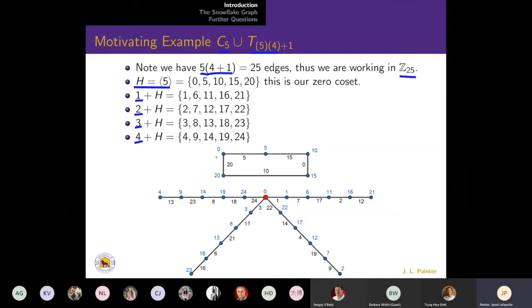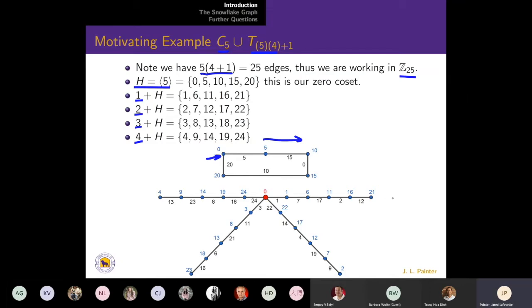And then we go down here and we start labeling the cycle first with elements from the 0 coset. So I label around in this fashion, starting with 0, 5, 10, 15, 20, and you can see that's going to give me unique edge labels back from the 0 coset. When I add elements from the 0 coset, I just get elements back in the 0 coset.